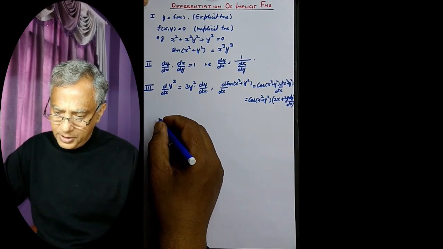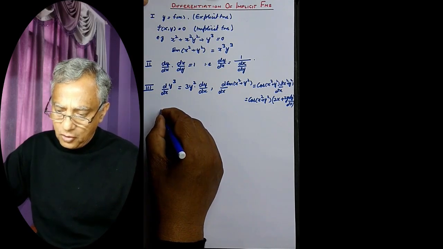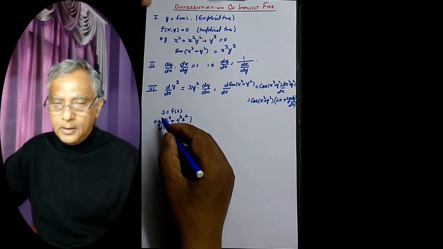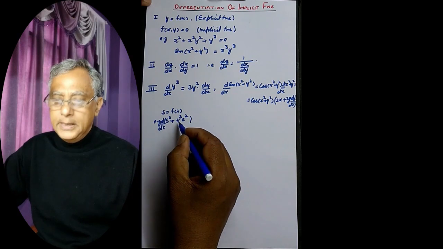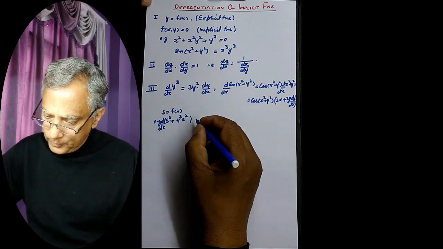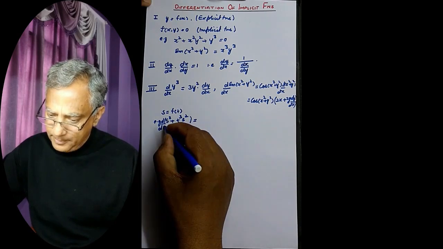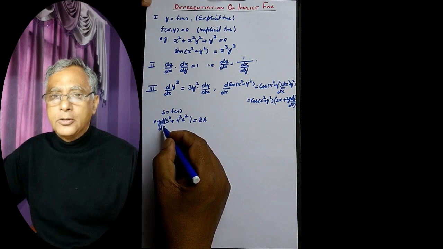And in a different notation, say if s is a function of t. For example, d by dt of (s square plus t cube s square). Differentiation of s square will be 2s, and differentiation is with respect to t.